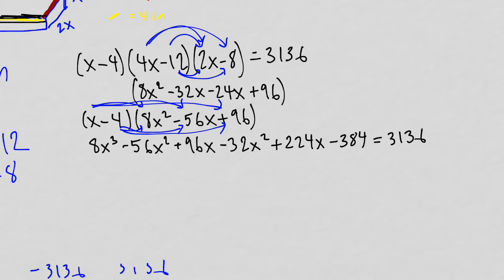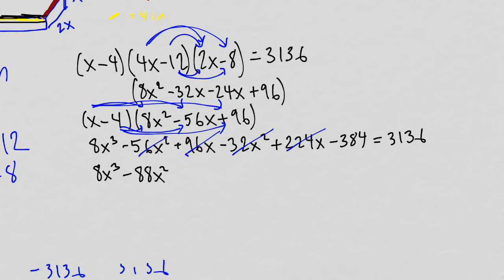So what I'm going to do is combine the negative 56x squared and the negative 32x squared. So first leave the 8x cubed. But this one and this one will be negative 88x squared.